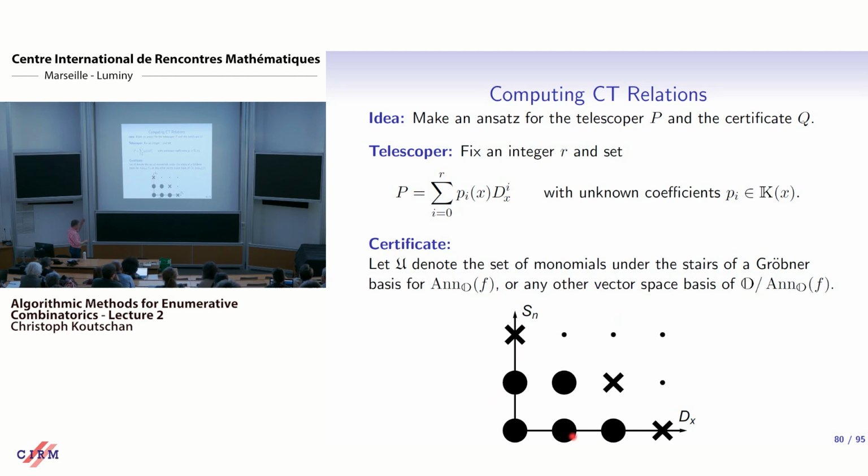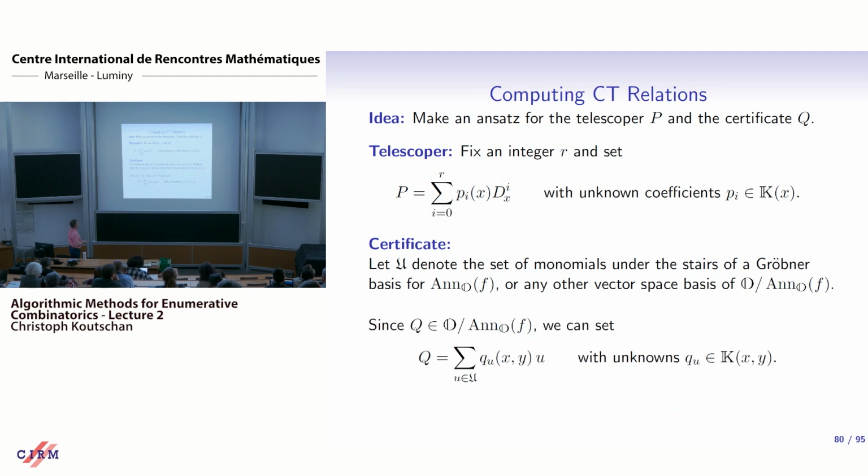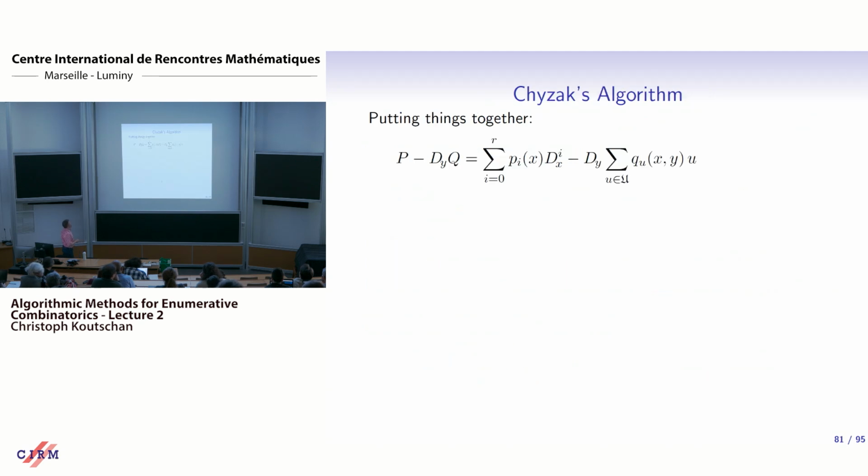So it suffices to include these in our ansatz. So we write Q as a linear combination of these monomials under the staircase with undetermined coefficients that can now contain everything. So here is the ansatz.